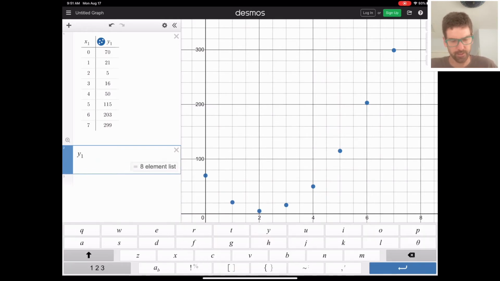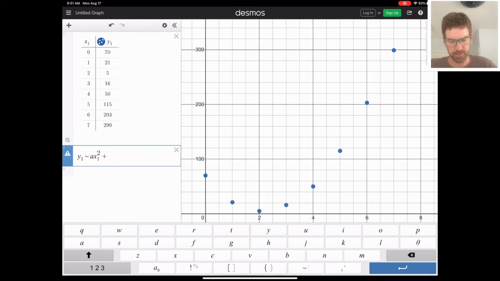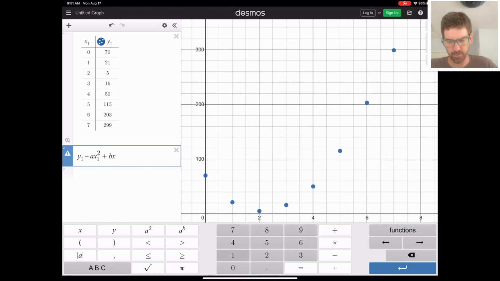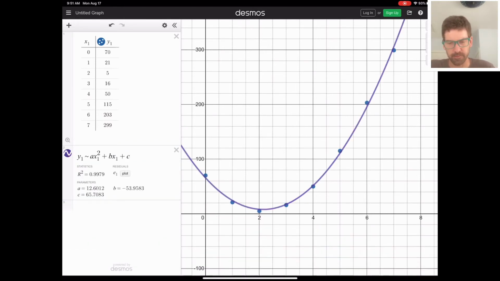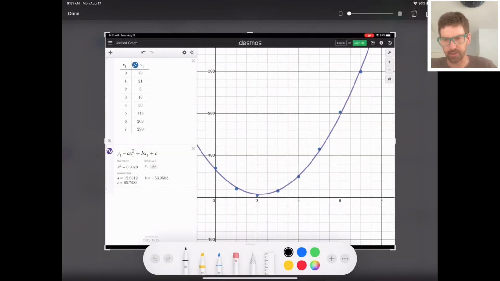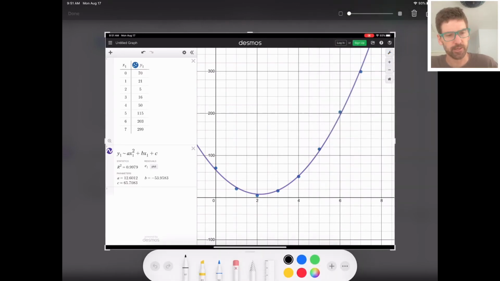So y1, and we need to use the tilde, ax1 squared plus bx1 plus c. And let's then bring that back over to my note app, and we can annotate it, write on it, and explain what's going on here.